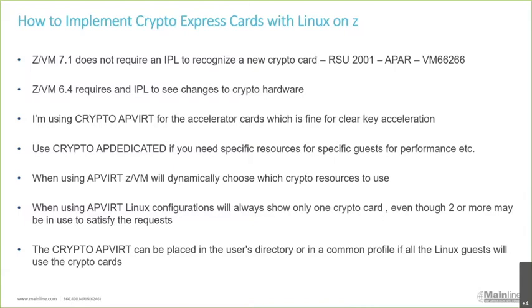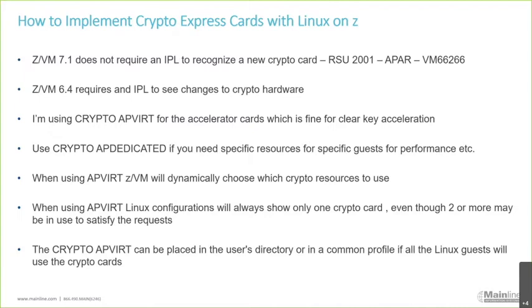From a Linux standpoint, when you have it in APVIRT, Linux sees only 1 card and only 1 domain, even though it may be utilizing more than that. In this case, it's utilizing 2 cards. And the way I have it configured on my system right now, those requests would normally be load balanced across those 2 cards.